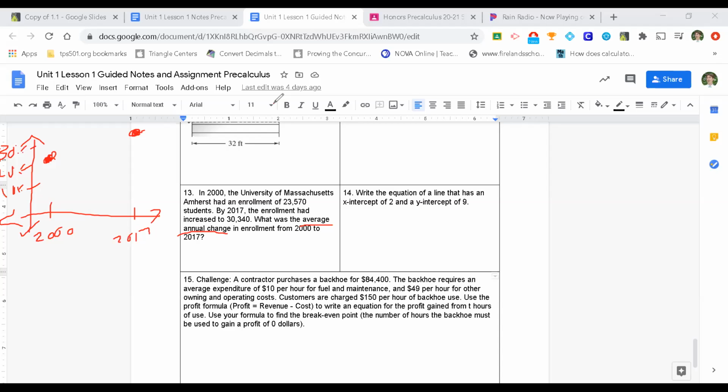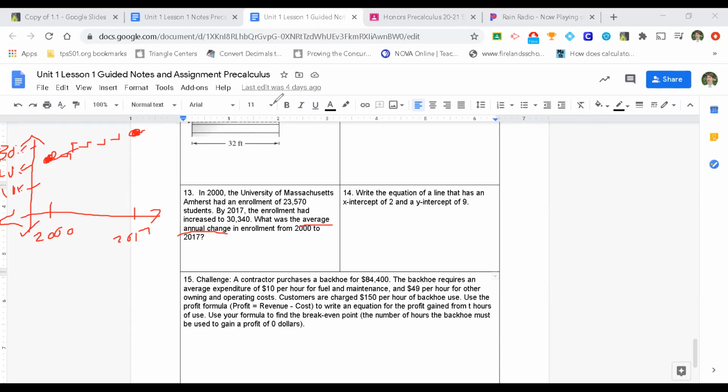The idea is for every year we go over, how much did the enrollment go up? Is that a familiar concept to you? How much did we go over and how much did we go up?